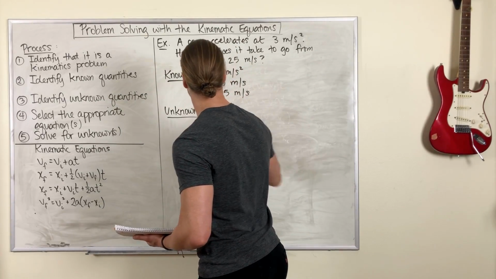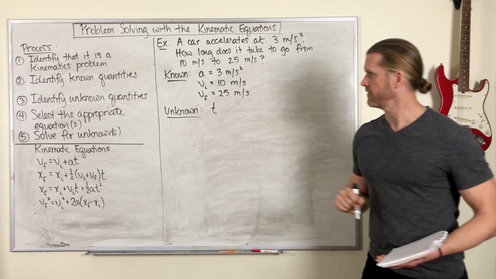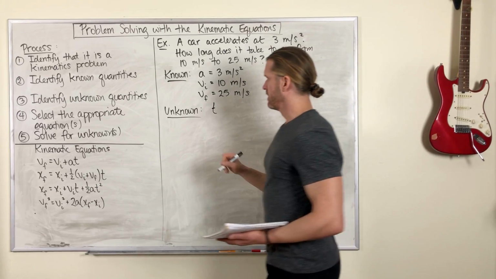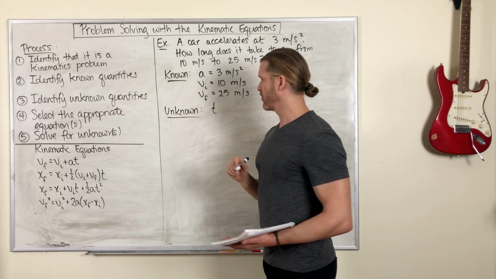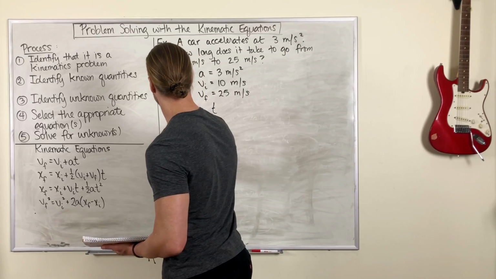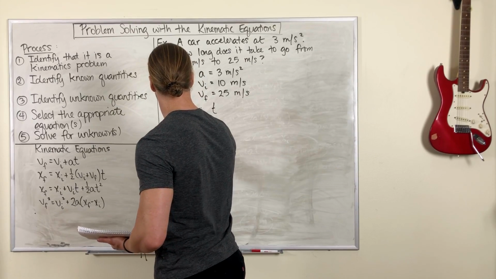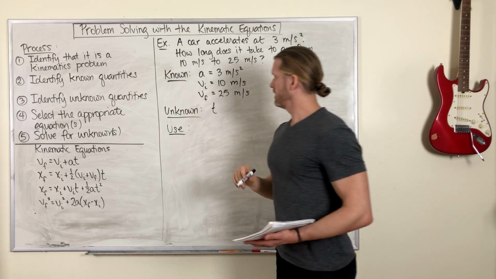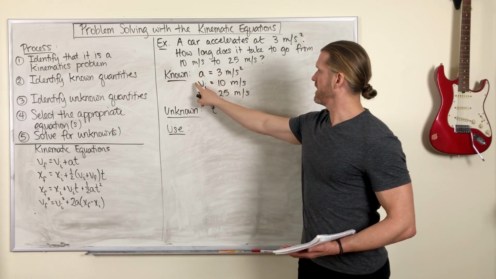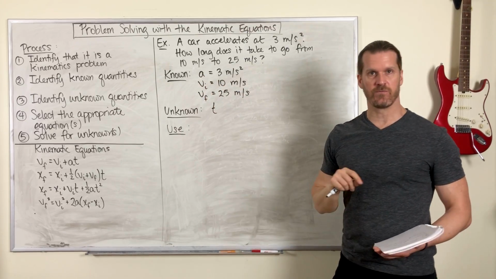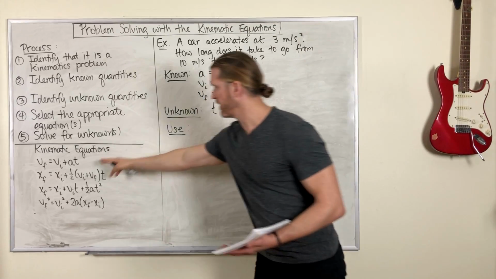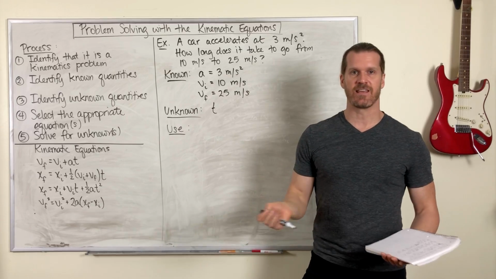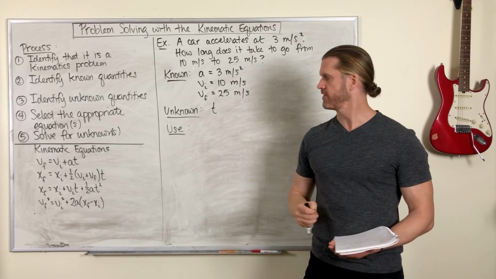So t is our unknown. So now let's select the appropriate equation to use. And the way you do this is you look at the quantities that you've listed and see which equation contains just those quantities.